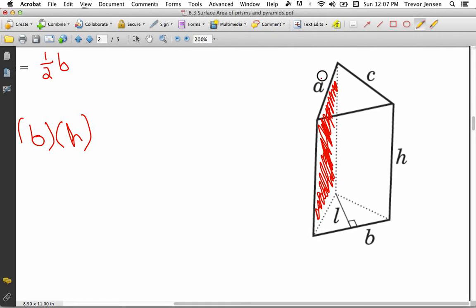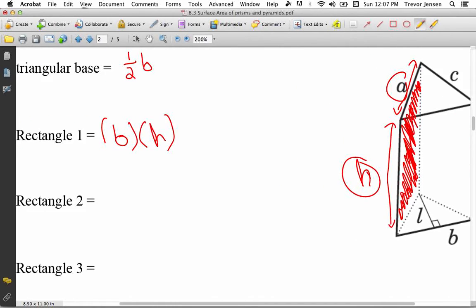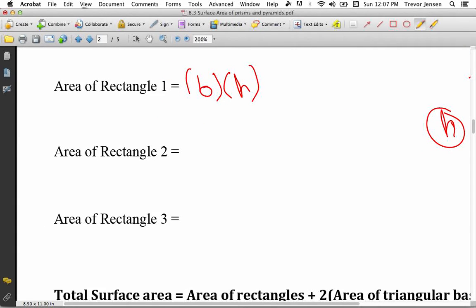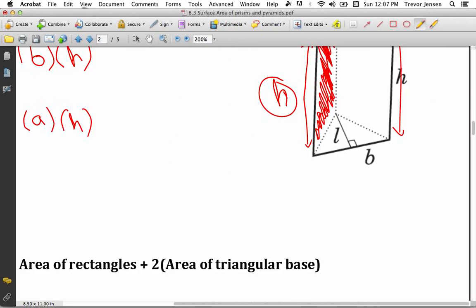Well, I've got this letter A along this part of the rectangle. That's great, and then I know this side right here is going to be the same as this side, which the letter H is used for. Okay, so the side lengths of this rectangle are A by H. So to find the area of that rectangle, I have to do length times width, which I'll use the letters A and H to represent. So A times H will give me the area of that rectangle.